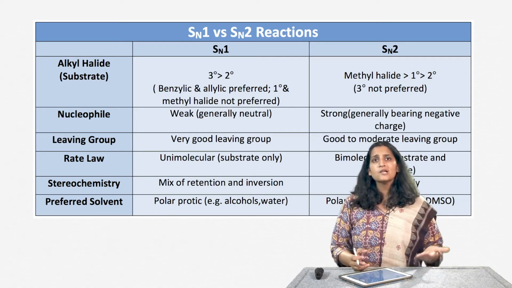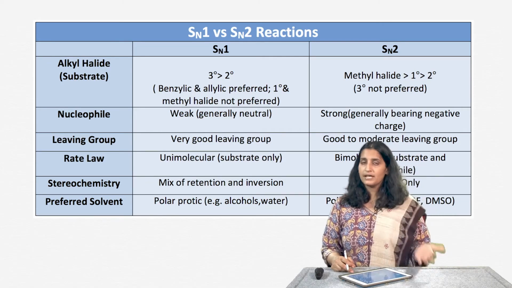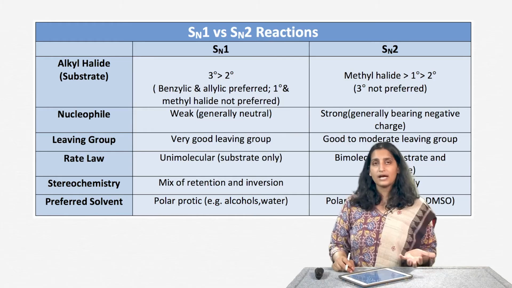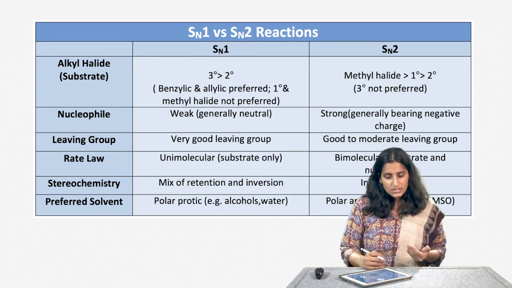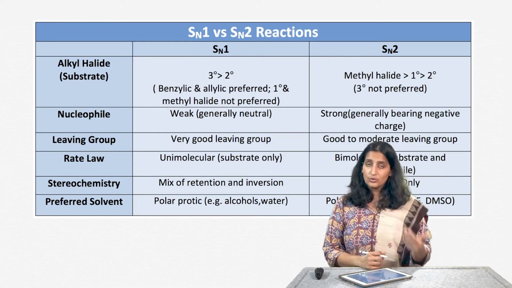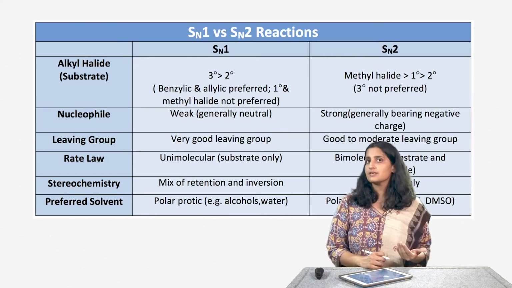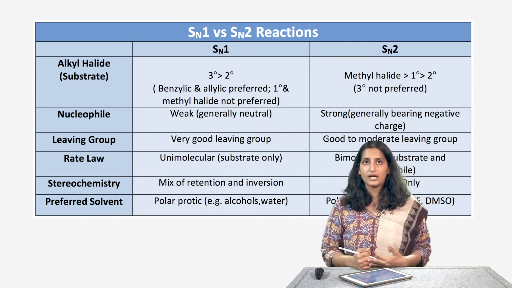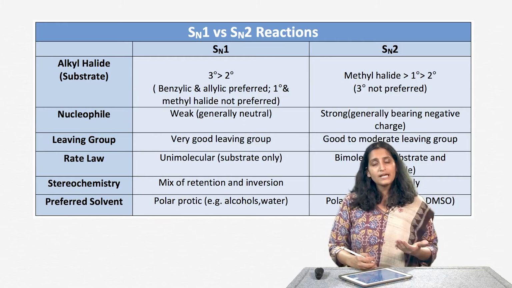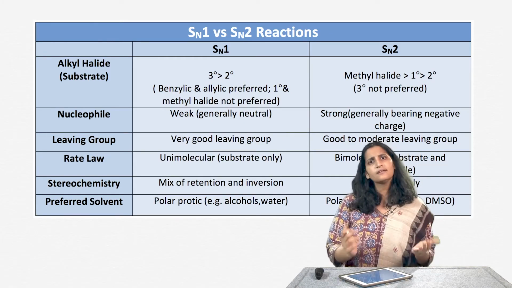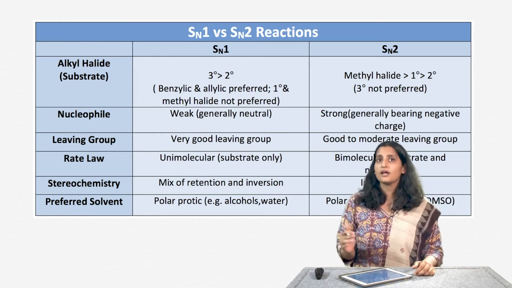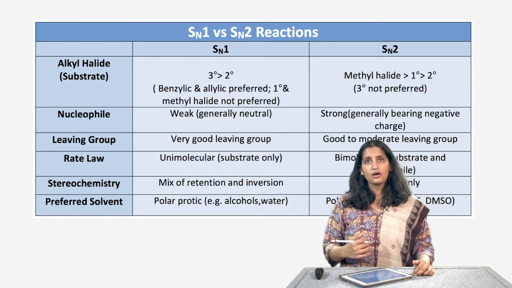They proceed slowly for a secondary carbon, but definitely we do not see SN2 reactions for tertiary carbon centers. We have also seen the nucleophiles required for SN1 versus SN2 reactions. SN1 reactions require weak to moderate nucleophiles, whereas SN2 reactions require much stronger nucleophiles.